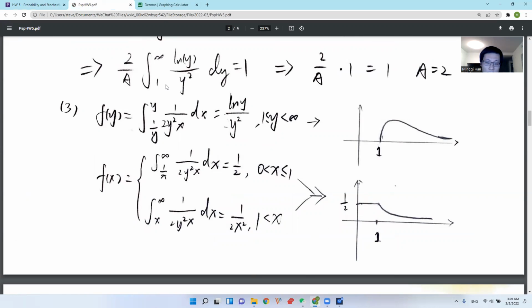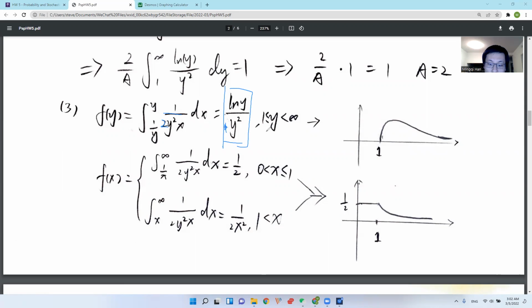For y, it's relatively easier. Just plug the 2 in here and do the integration. We have this value here. There's no minus here, it's just this function.